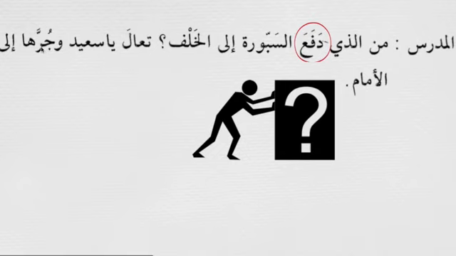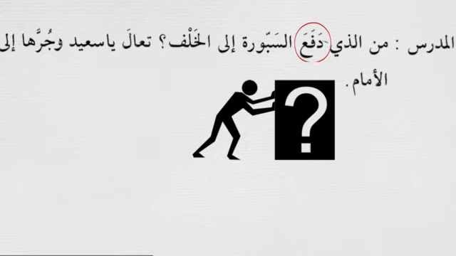Wa jurraha. We know jarra yajurru means to push. So now it is ending with fatha. Whenever the muda'af ends with fatha, it can be either mansub or majzoom, but here it is amr, so it is majzoom, but ending with fatha.